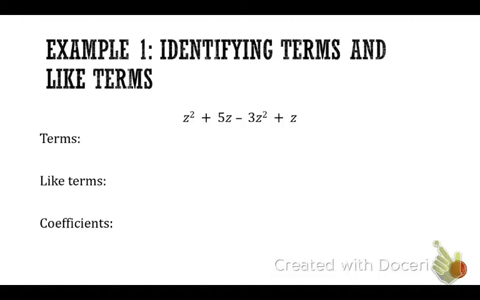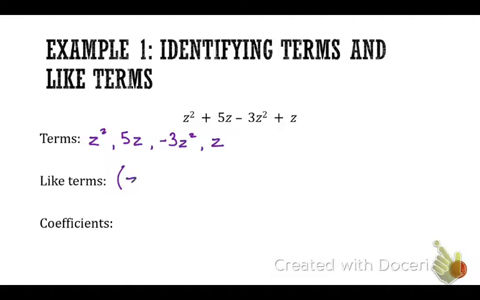So our terms, we can just list them. Z squared, 5z, make sure your z's don't look like 2's, negative 3z squared, and z, okay? For them to be like terms, however, they have to have the same exponent.